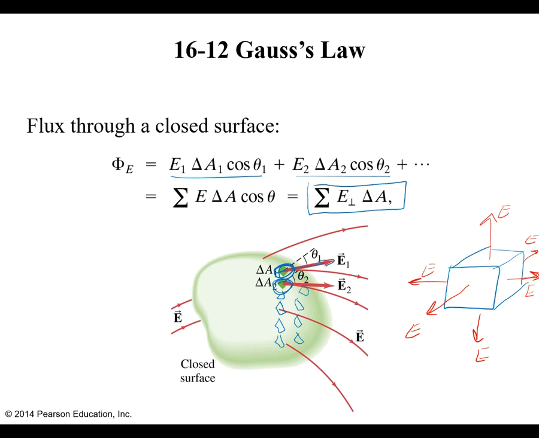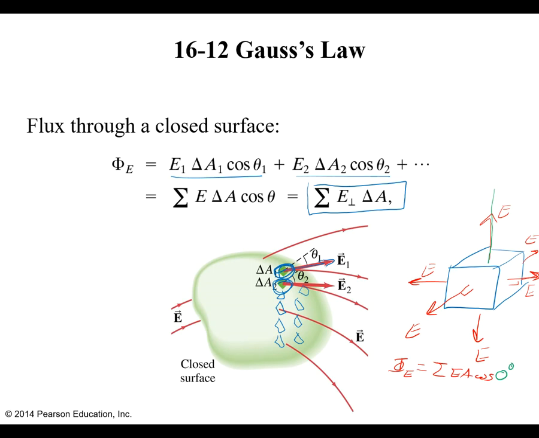In that case, then the electric flux would be the sum of EA cosine of, well, since it's coming straight out, these electric fields are perfectly perpendicular to the surface. But remember, we don't measure that as 90 degrees. We have to measure that from a line that is perpendicular to the surface, which means the electric field and this line perpendicular to the surface are in the same direction.